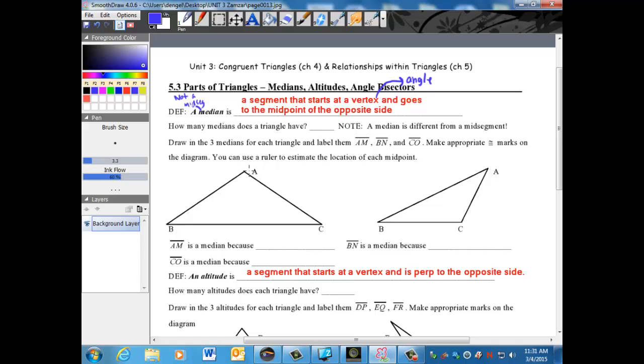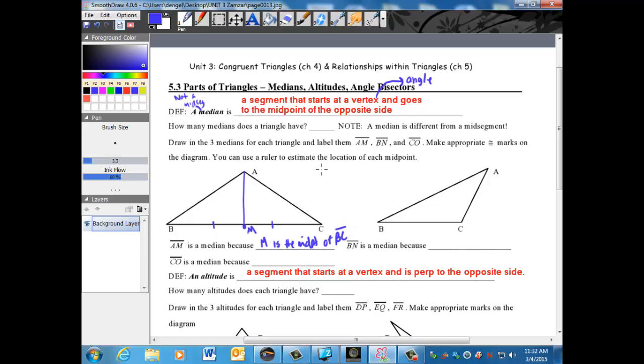So if I were to start from vertex or angle A, and draw a segment to the other side that's going to cut BC in half, it looks like, and we'll just do this on our best guess, it looks like about right there that these two sides are now each congruent. Now when I do that, I'm going to create a new point. It's going to be called point M. And so I can say AM is a median because M is the midpoint of BC.